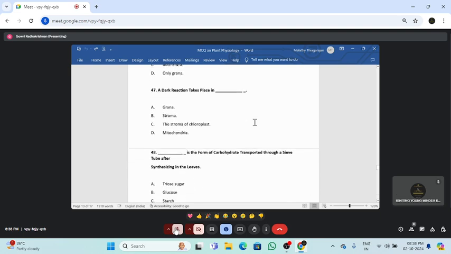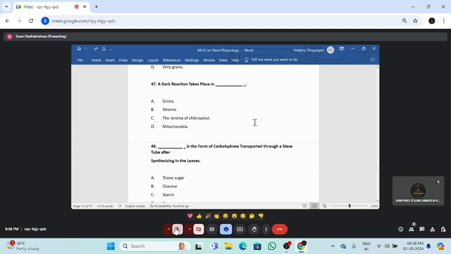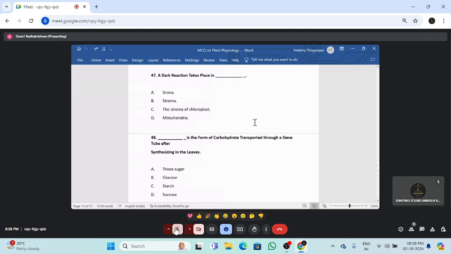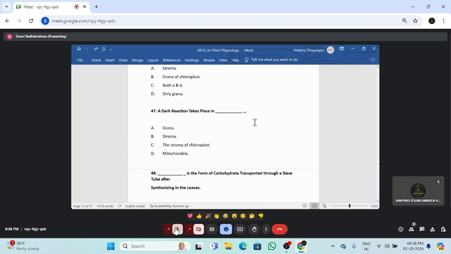A dark reaction takes place in Option C, ma'am.